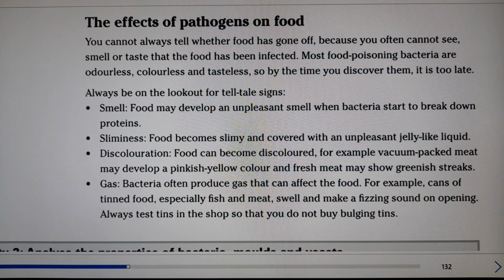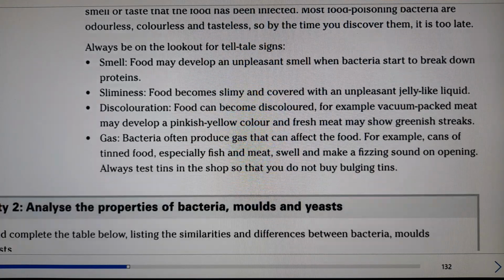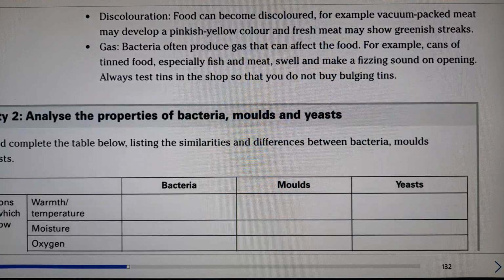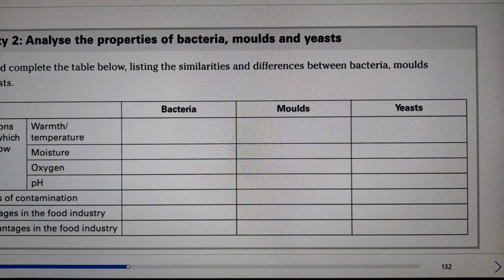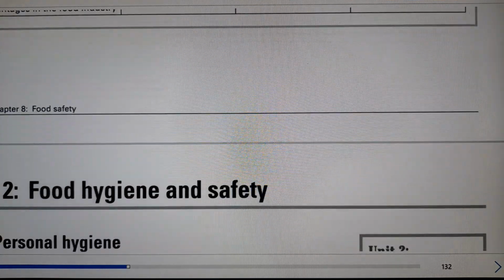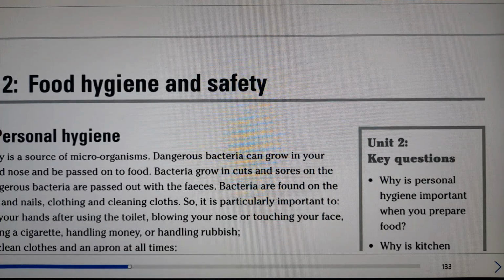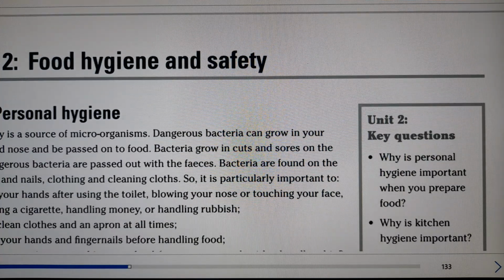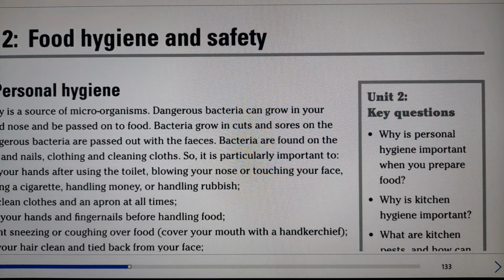So when you buy your canned food at the shop, make sure that the tin is still in its shape, okay? Because if you buy a tin that has swollen a little bit, then you might be buying food that is already spoiled, okay?